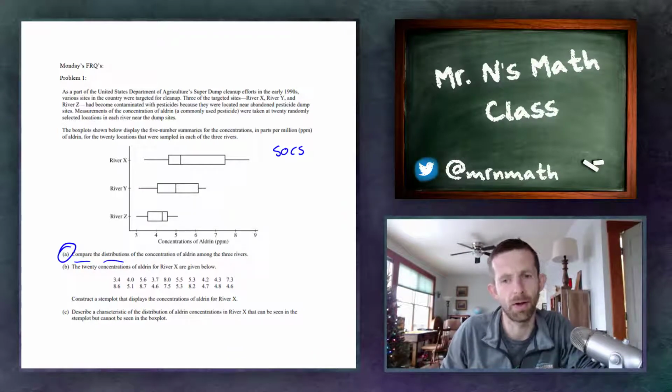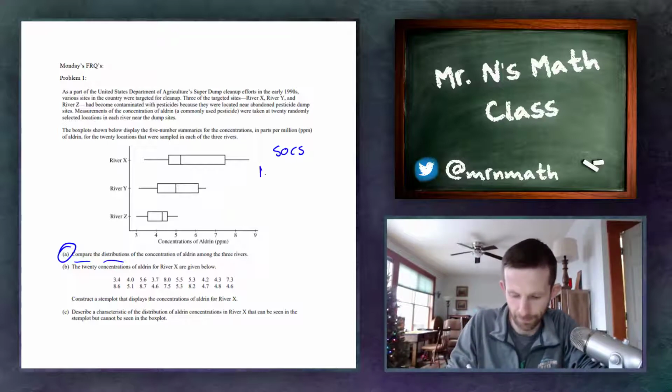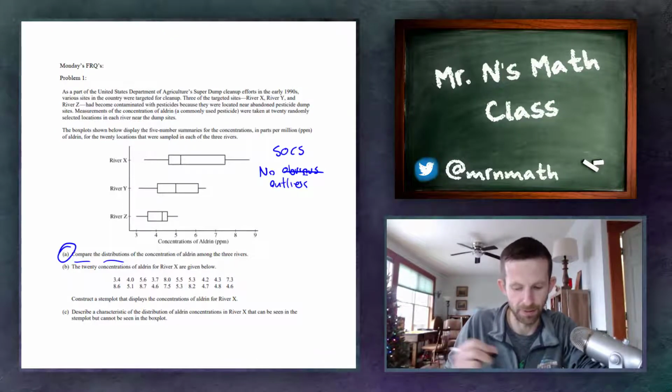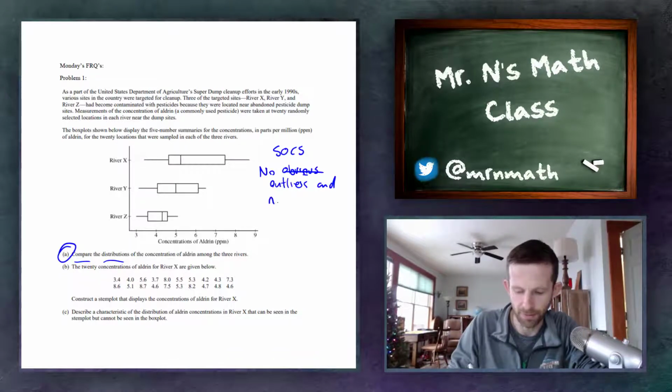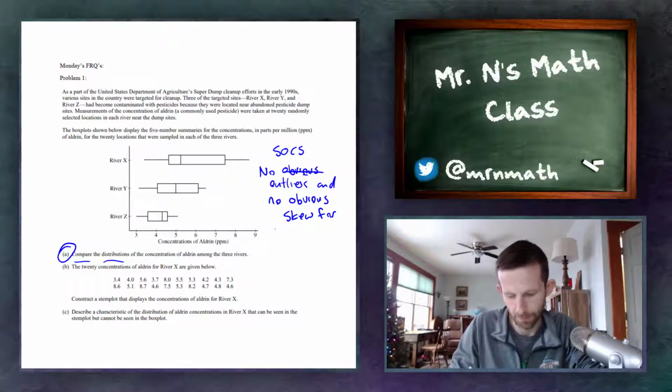There are no obvious outliers. Actually, I could just say there's no outliers for any of them, and no obvious skew for all three sites.